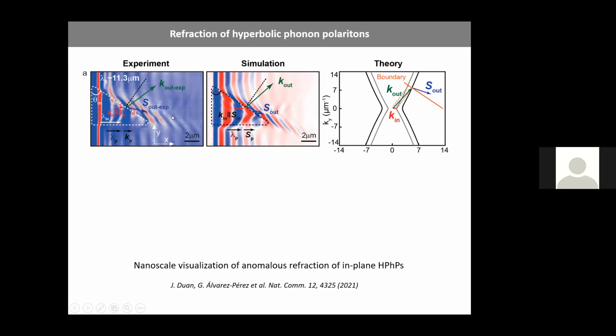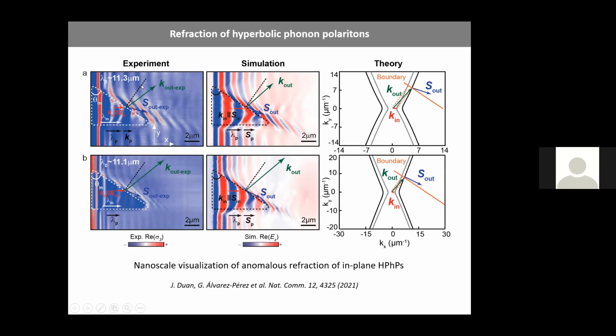And what we saw with our near-field microscope were these fringes, and actually you can see here that the energy goes in this direction, right? Because the fringes go in this direction, the maxima of the fringes go in this direction, but the K vector, which is normal to the wavefronts here, you can see is bending towards the normal. So we have really visualized this anomalous refraction of polaritons.